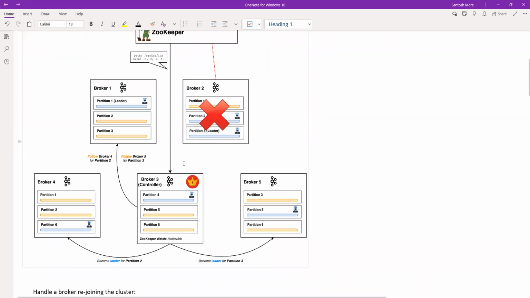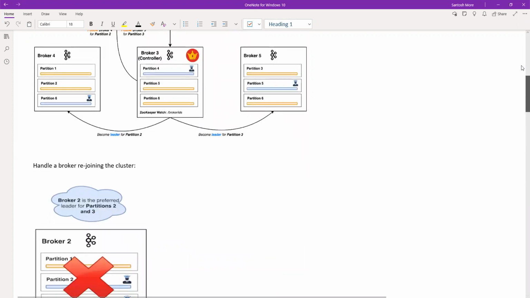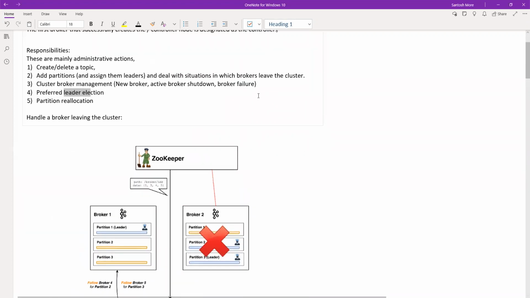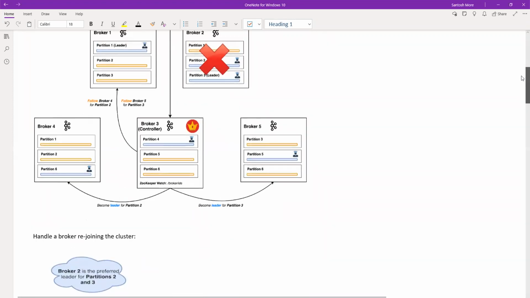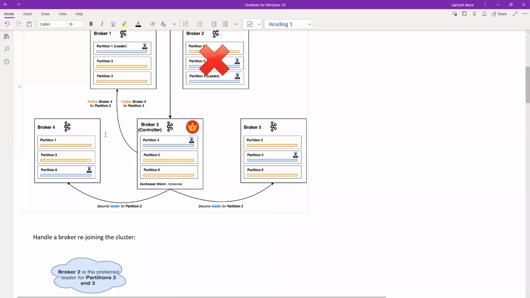If I get broker 2 back, it is always better to revert these leaders back to broker 2. That is what they call preferred leader election. Broker 2 gets its status back, and whatever leader partitions were assigned before will be reverted back by the controller.